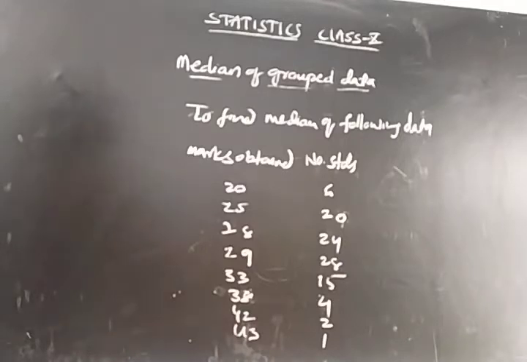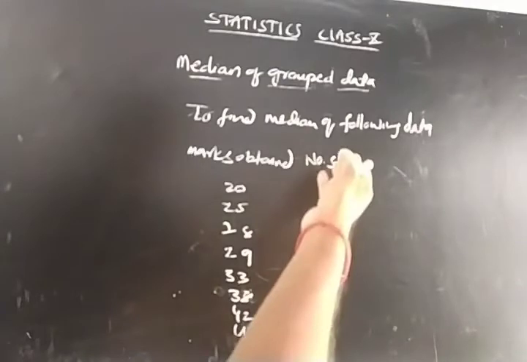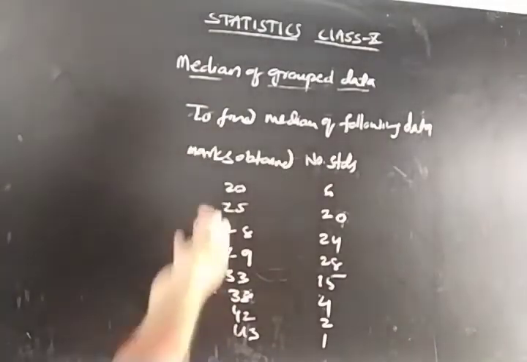Okay. So this is the question. Here marks are arranged in ascending order, and the number of students is given here. Sometimes marks may not be given in ascending or descending order, but here they are arranged in ascending order.